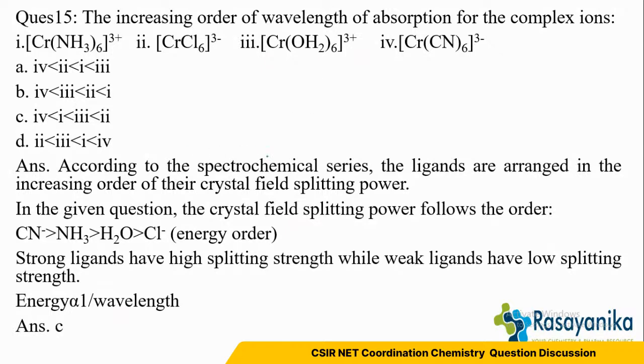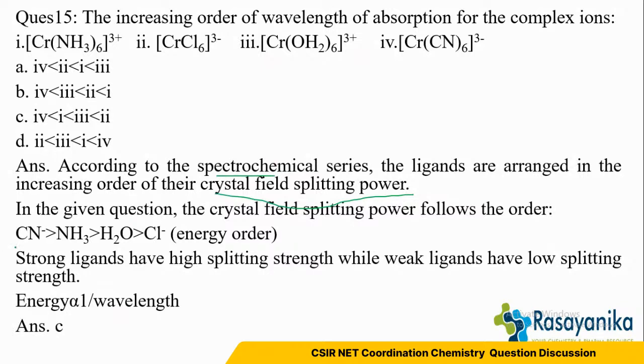According to the spectrochemical series, the ligands are arranged in increasing order of their crystal field splitting power, delta naught. So in the given question, the crystal field splitting power follows the order CN minus, ammonia, water, Cl minus. This is the energy order according to the spectrochemical series.